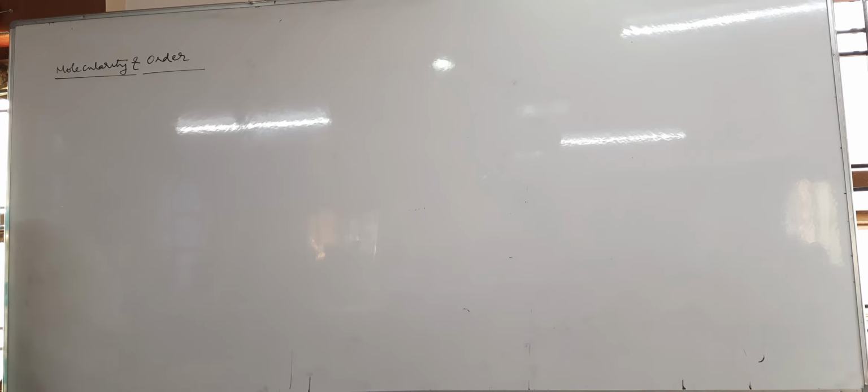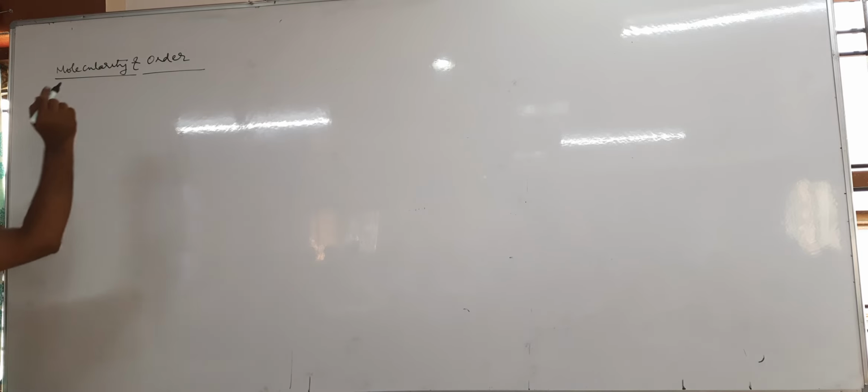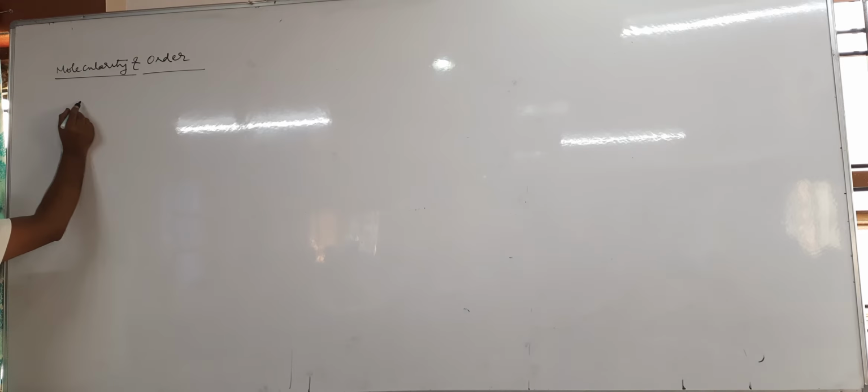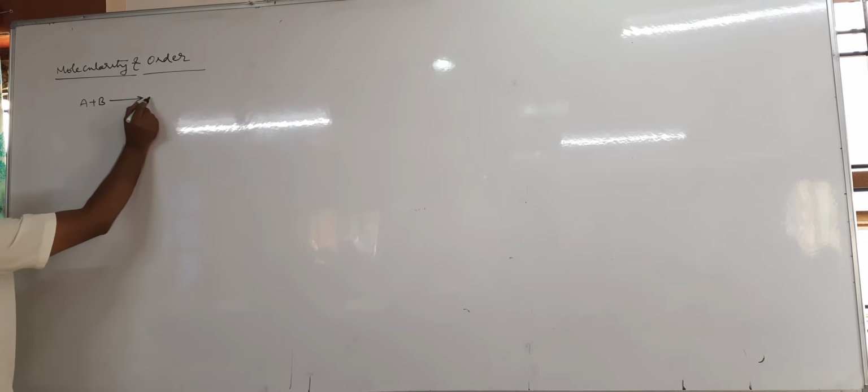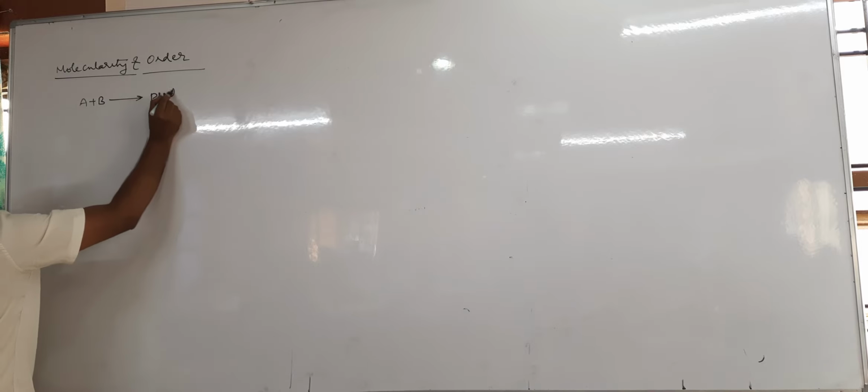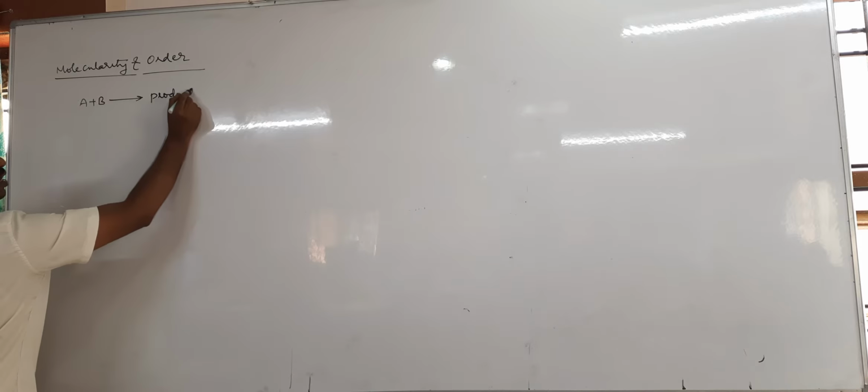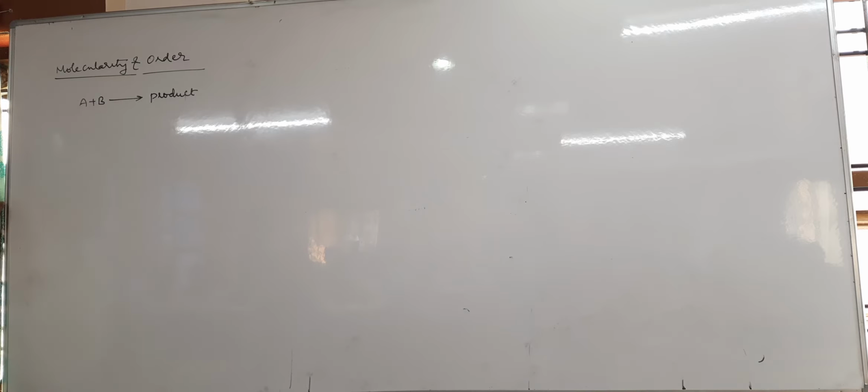Okay, let's say molecularity. Let us take the reaction A plus B, which gives rise to a product. What is molecularity, how to identify it, and what is the importance of molecularity in chemical kinetics?